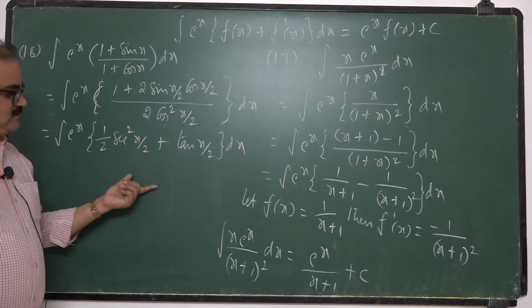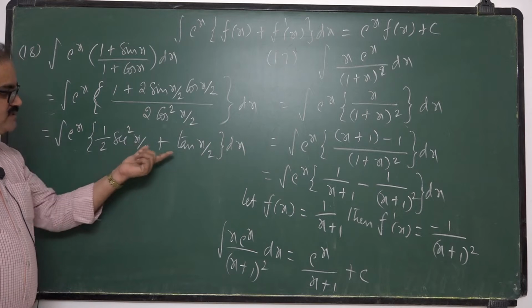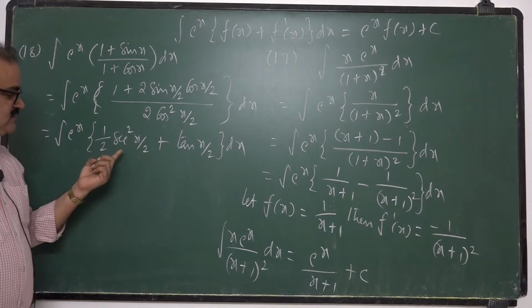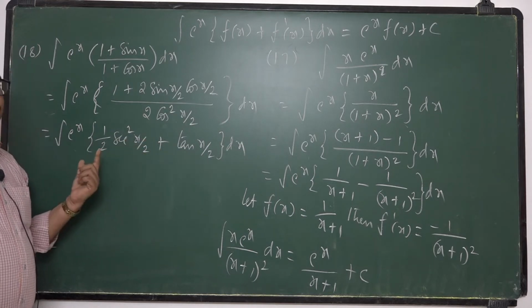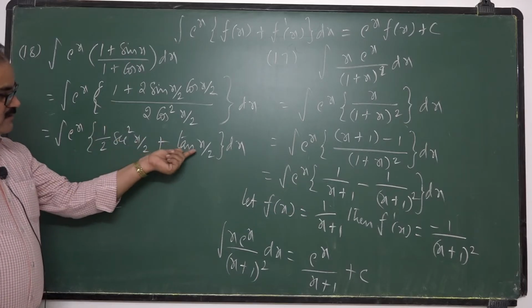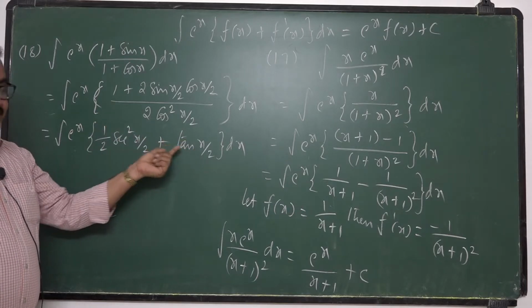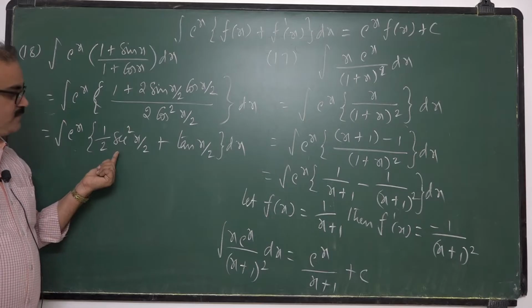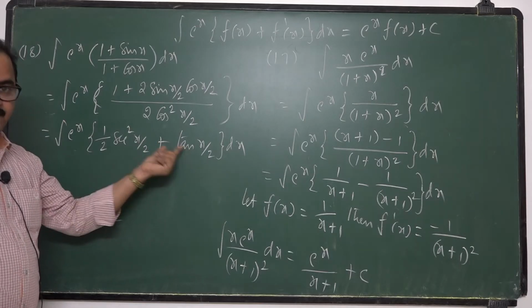There are two terms. You observe which is taken as f of x and which is taken as f dash x. See here, we know the derivative of tan x is secant square x. So take this function as f of x.